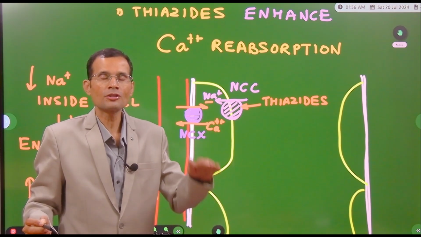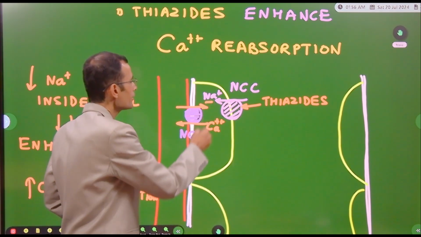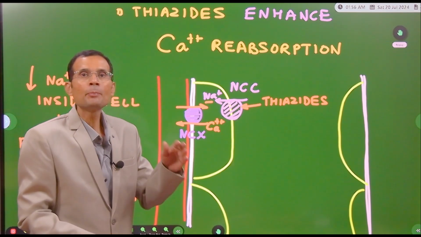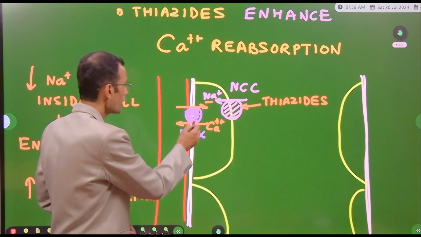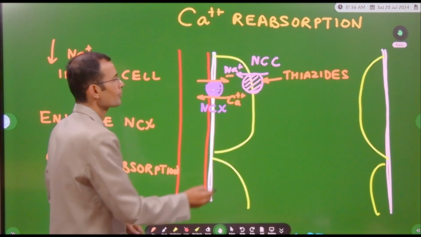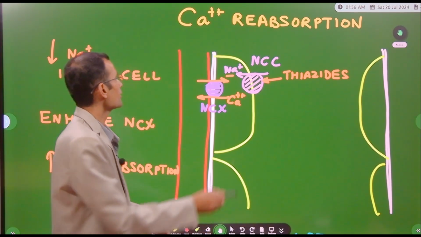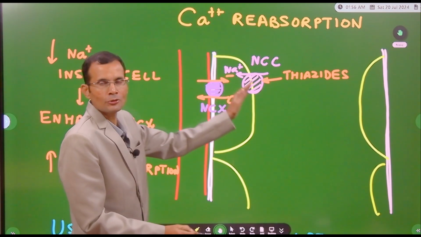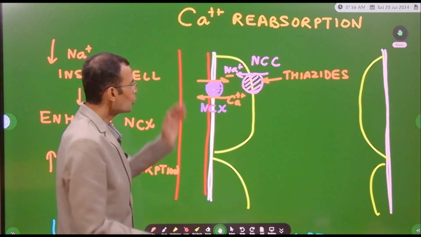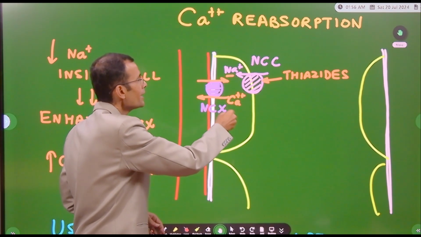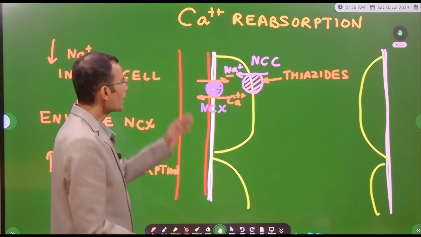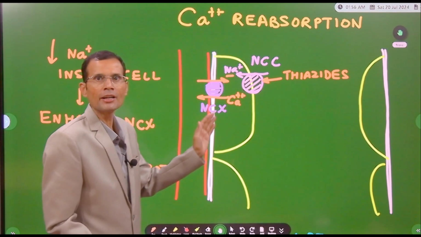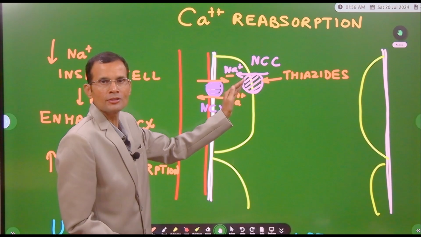And if the sodium concentration inside the cell decreases, then it becomes a driving force for the NCX, because the NCX is going to cause sodium to come into the cell from the basolateral side. So if the sodium concentration is less inside, that means there is a greater concentration gradient for sodium from outside to inside.